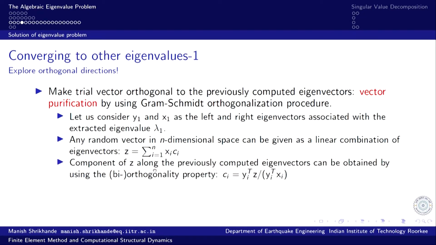The component of z along previously computed eigenvectors can be obtained by using the bi-orthogonality property.